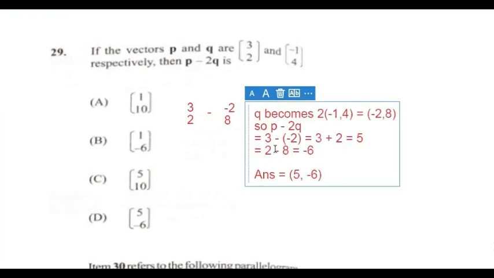So 2q becomes (negative 2, 8), and therefore the answer is (5, negative 6), which is D.